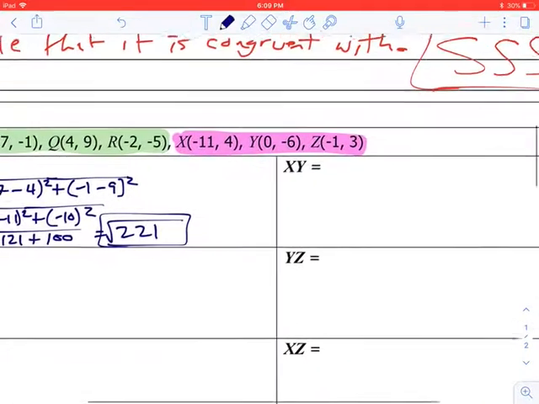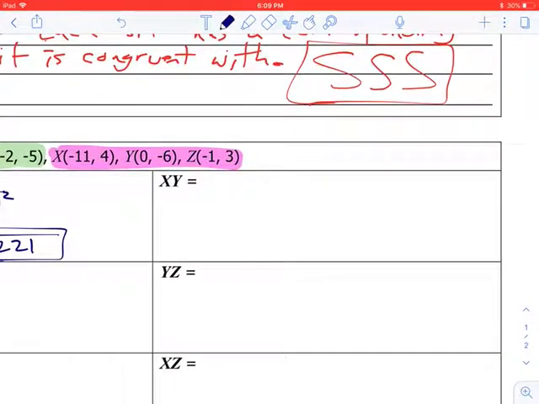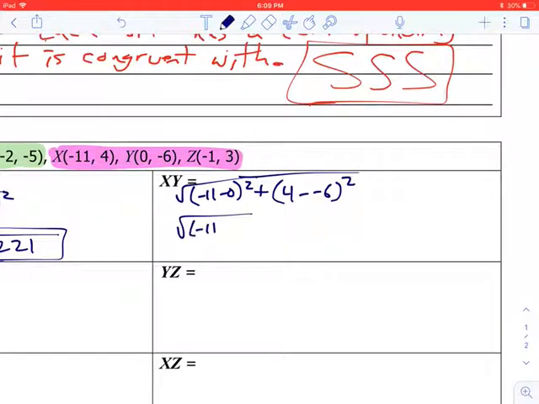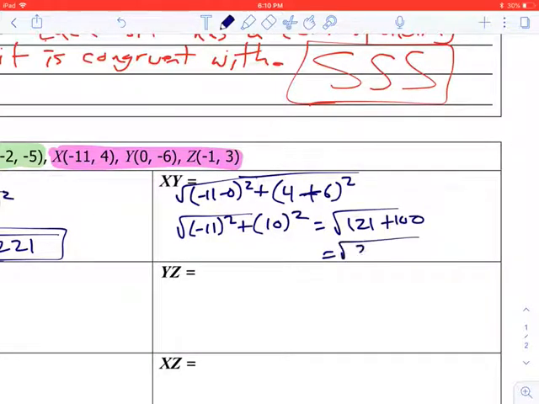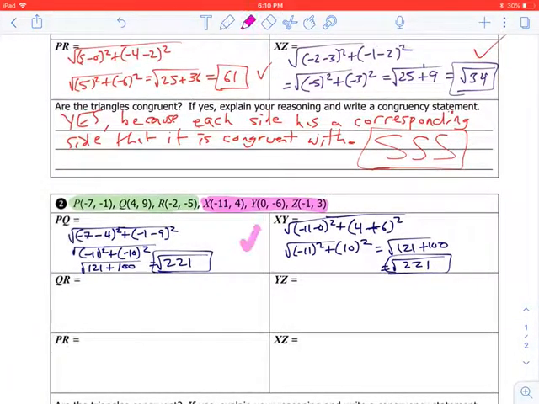So looking at xy, same deal. I've got negative 11 minus 0 plus 4 minus negative 6. And so that's negative 11 squared plus, that becomes plus, so 10 squared. And so 121 plus 100 is 221. So those first two do match up.